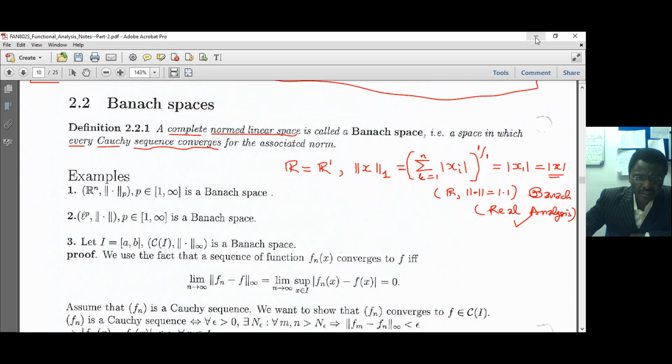Okay, I can read here in another note. Every Cauchy sequence in R converges. That's what we did in real analysis. Okay, now you have an example. Yeah, I think I can send you this one.